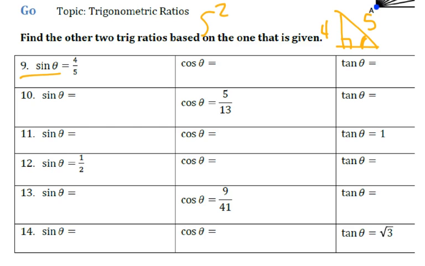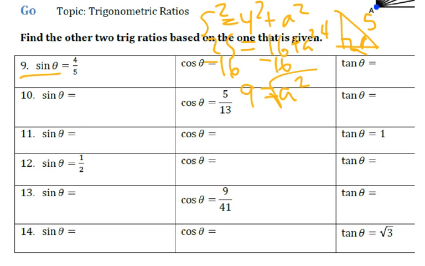5 squared equals 4 squared plus, we'll call that the adjacent side, a squared. Well, that's 25 equals 16 plus a squared. Subtract 16, and we get 9 equals a squared. Take the square root of that, we get 3 equals a.